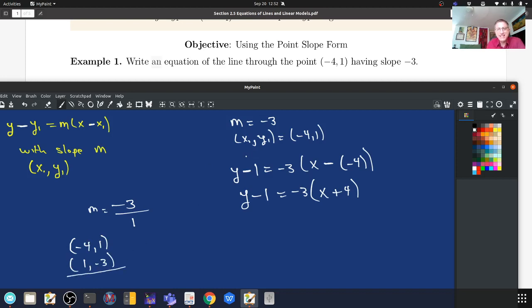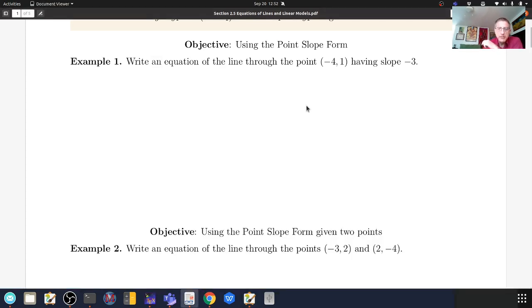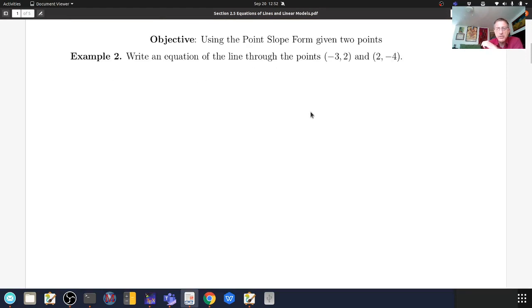But you don't really need the other point, because you already have the m. Maybe you could have found there's other ways to do it, but we don't even want to go down that road because we have a completely good method of doing it here, using the point slope formula given 2 points.